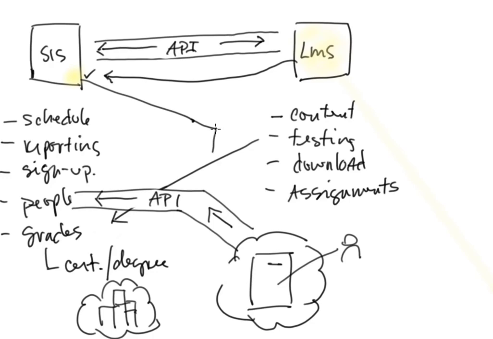I don't know if I can do this without messing up my other drawing, but we're going to connect directly down into this SIS of whatever that university is using through an API call or some sort of connection where we can download your specific information from your SIS directly into the other university.